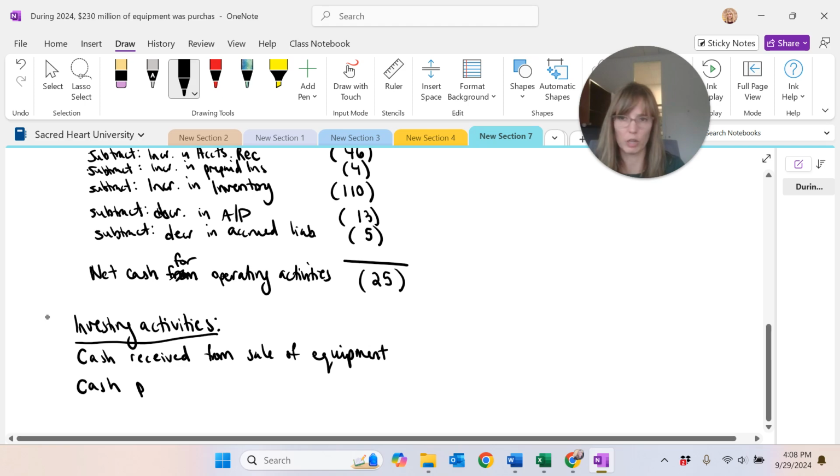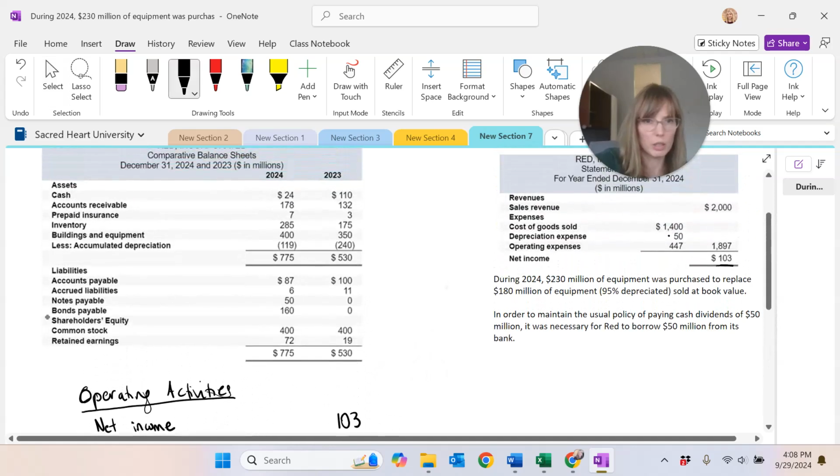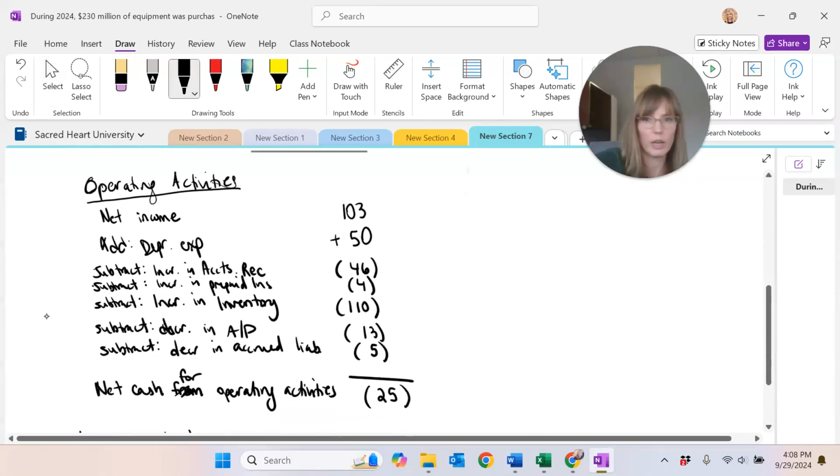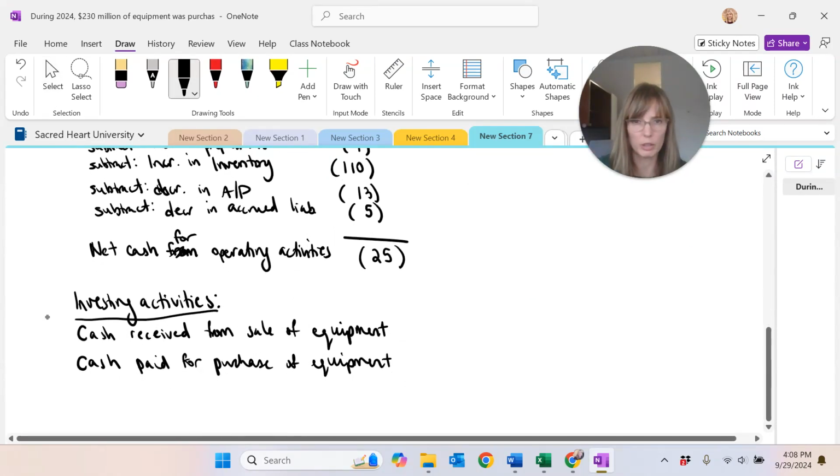And how much cash was paid for purchase of equipment. Well, the purchase of the equipment, it says $230 million was purchased. So we have a cash outflow of 230 million to purchase the equipment, but how much was received from the sale of the equipment?